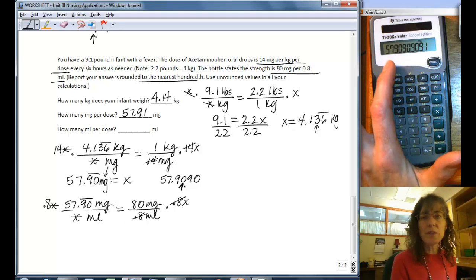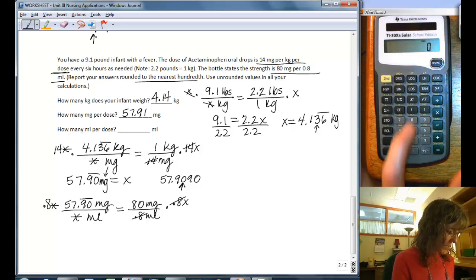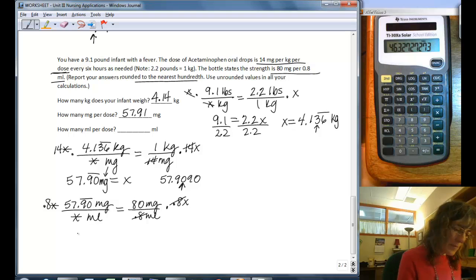I need to multiply the 57.9 times 0.8, and I get 46.327, and the 27 parts repeating equals 80x.